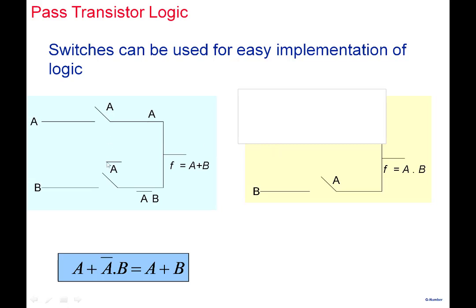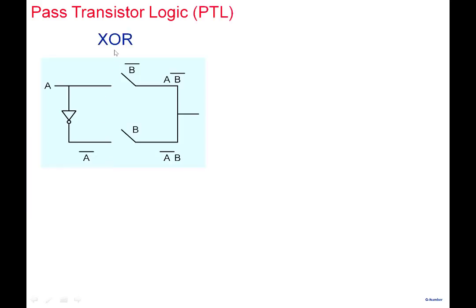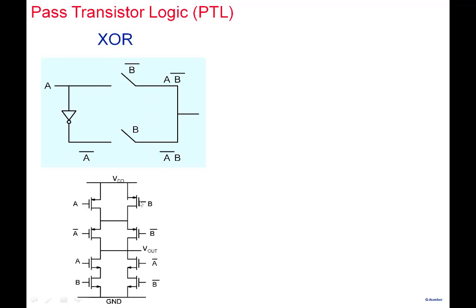All you need is two switches. Similarly, in fact, look at this XOR gate. Compare that with the fully complementary CMOS. Look at the number of transistors, upper part, the lower part, and look at this one.